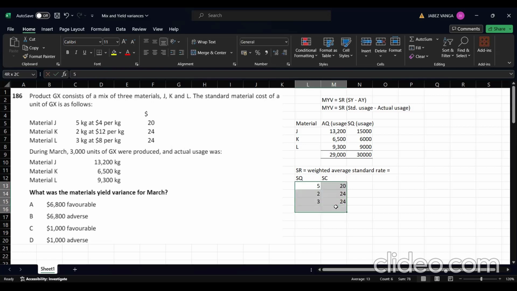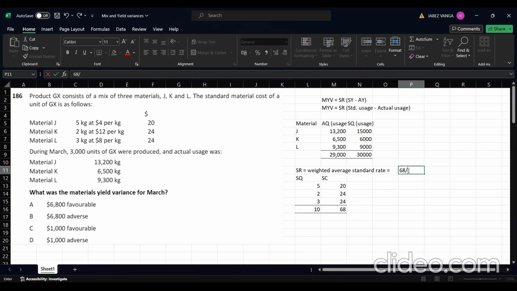Just add them up. Standard rate would be standard cost divided by standard quantity. So the weighted average standard rate would be 68 divided by 10, which is equal to 6.8. Now we just have to find out the material yield variance.